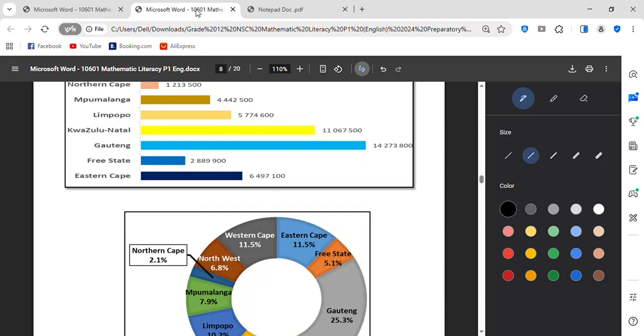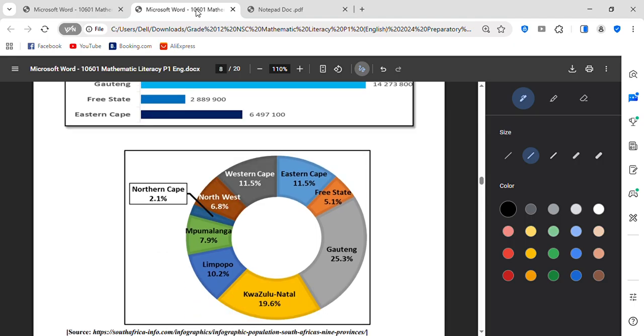Then we also have the same population of the provinces in a pie chart, with the Western Cape, Eastern Cape, Free State, Gauteng, KwaZulu-Natal, Limpopo, Mpumalanga, Northwest, and Northern Cape. This is the population of the provinces, but in percentages. We are going to use this annexure A, the graph and the pie chart, to answer the questions.